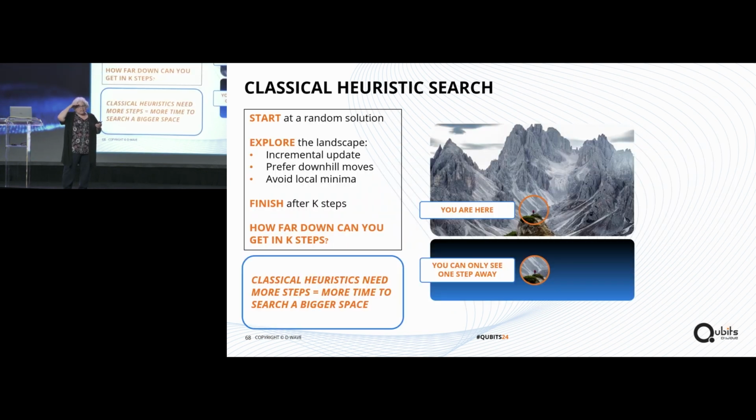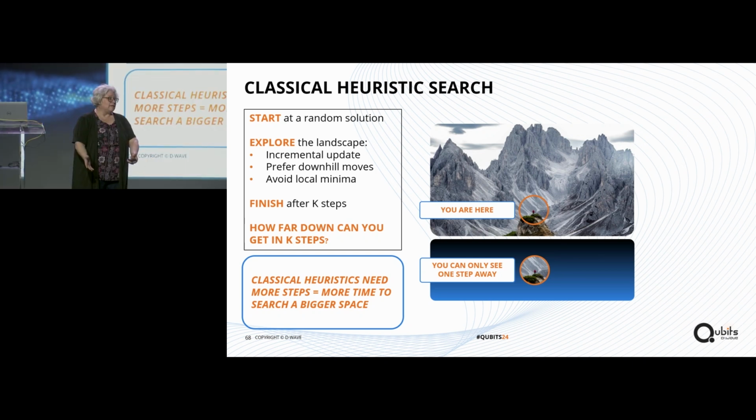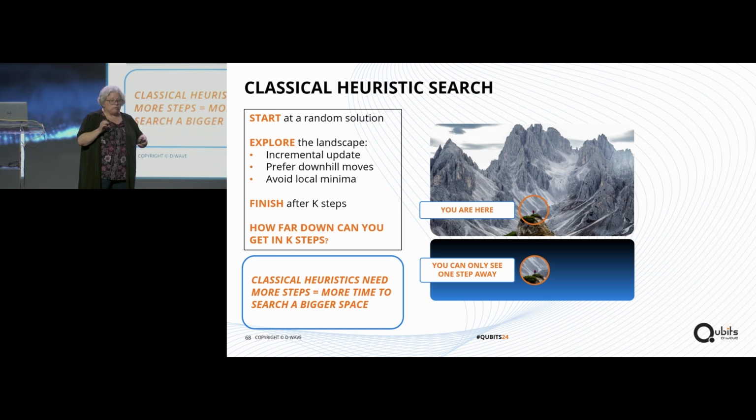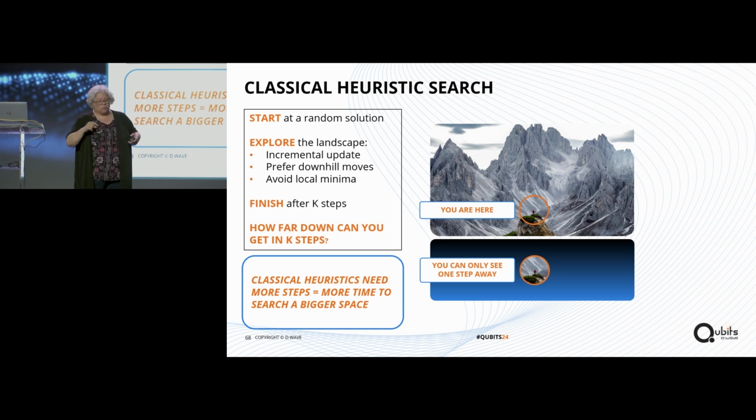And basically, if we think about how they work, you can start to understand why this is. Classical heuristic search, here's some landscape, and you start at some random position, and you're trying to get downhill as fast as you can, as low as you can. And the bottom here shows, the fact is you can only see your immediate neighbors. You're making an incremental change to the random solution you start with, and I can go this way, I can go that way.